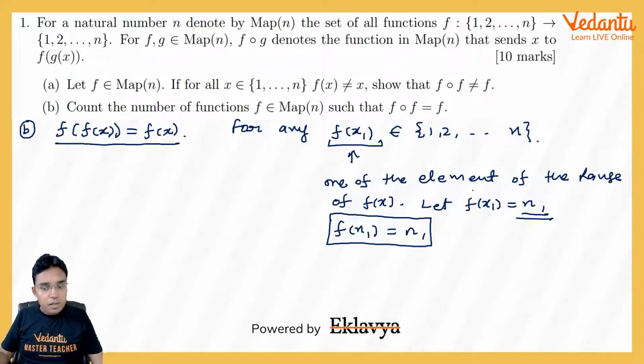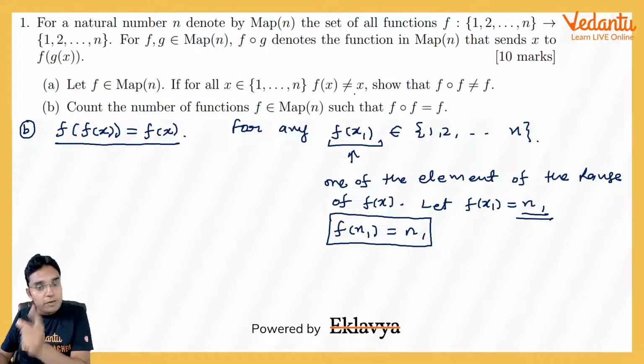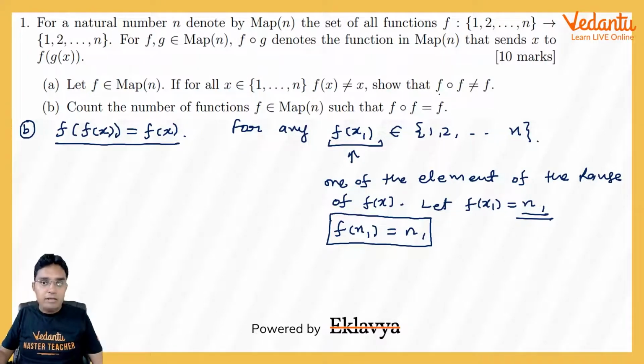Now, you cannot have a situation like part A where no x has fx equal to x, that is fx not equal to x, because otherwise we cannot have FOF equal to f, as we proved in the A part.